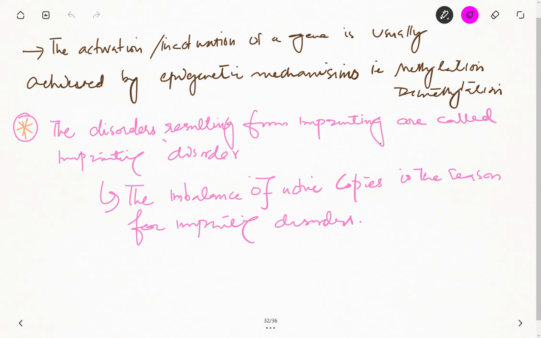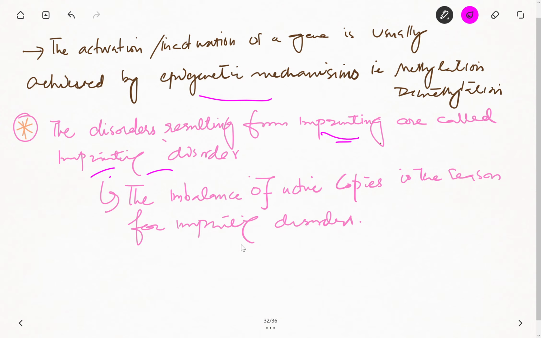Normally, the activation and inactivation of a gene is achieved by epigenetic mechanisms such as methylation, acetylation, and demethylation. The disorders resulting from imprinting are called imprinting disorders, and they are caused by an imbalance of active copies.